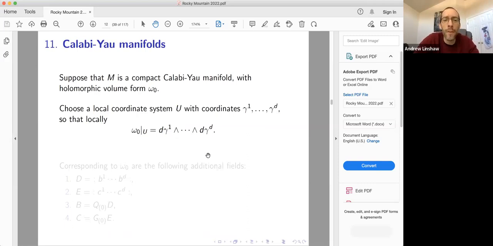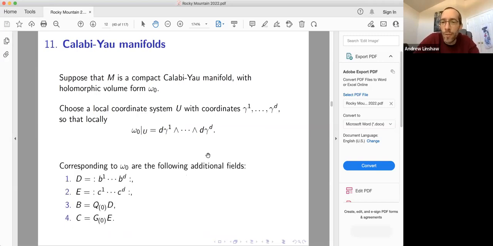So now that I have this, in these coordinates, there's some extra fields that I can at least locally write down. So I can write down these dgammas are, in my notation, the c's. So c_1 through c_d is exactly this object. There's also the same type of thing where I replace c's with b's.